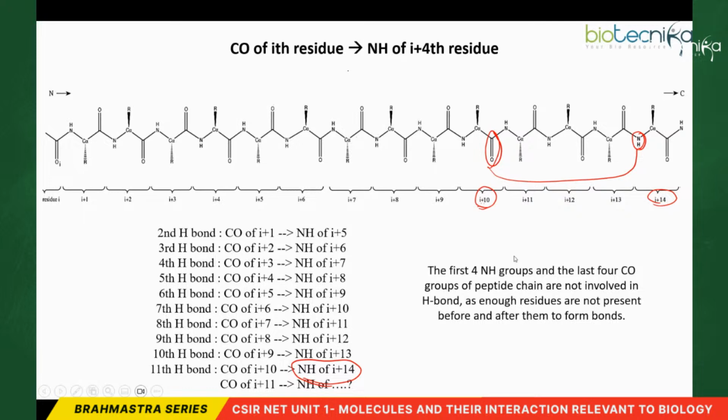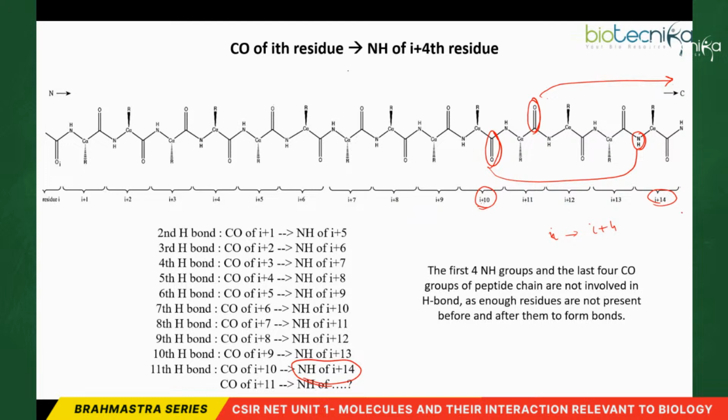Now if you have to form the next hydrogen bond from this CO group, then you would need four amino acids in between, because our bonding is going I to I plus 4, which means we need four amino acids in between. But if this has to bond with the next one, then you would need the NH group of I plus 15.